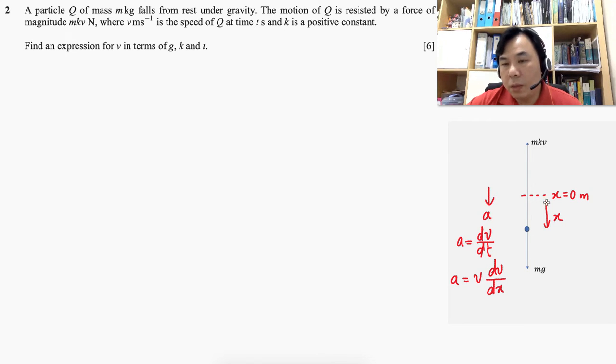So x is the displacement, v is the instantaneous velocity at that time t, and a represents the acceleration due to the interaction between gravity and air resistance here.